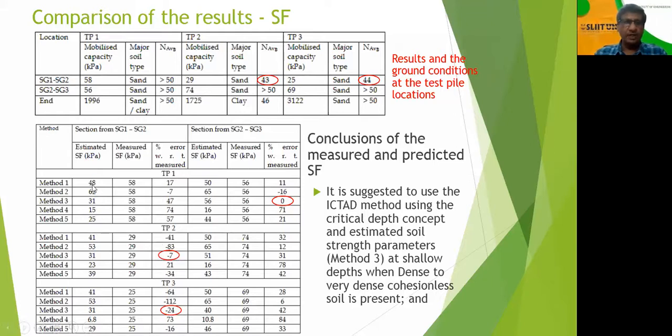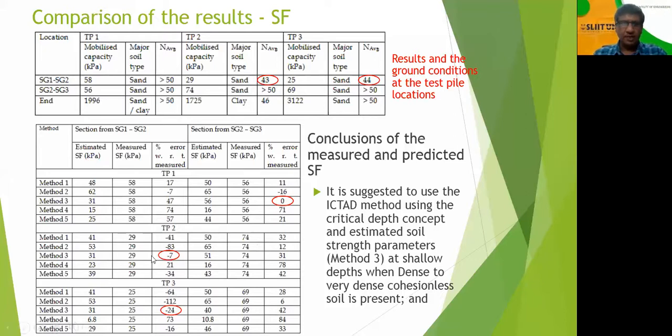This is the estimated, predicted value, and this is the measured value. Again, between strain gauge 2 and 3 is the predicted value, and these are the measured values. So you can see in test pile 2 and test pile 3, between strain gauge 1 and strain gauge 2, you get an SPT N value with dense material, but it is not very dense.